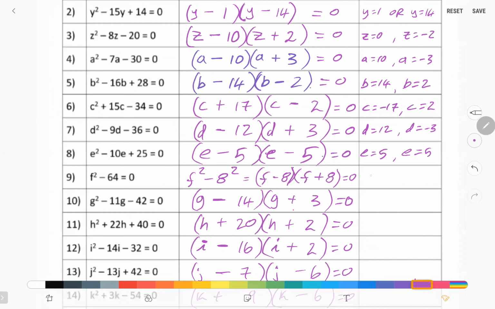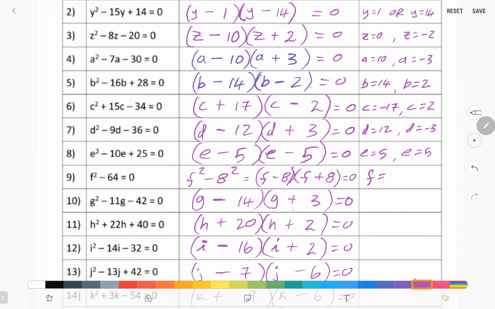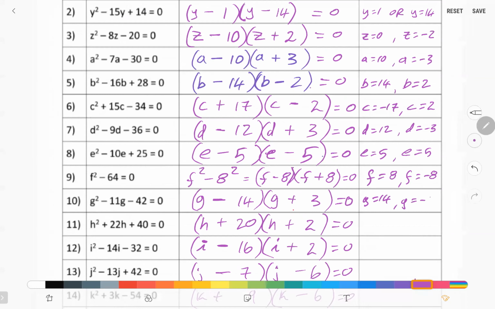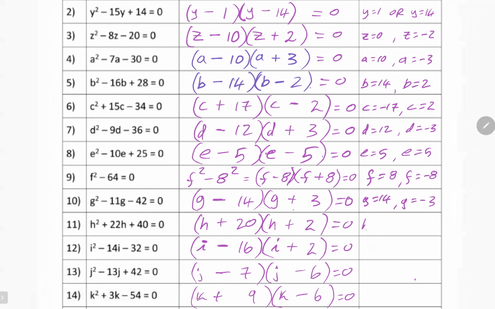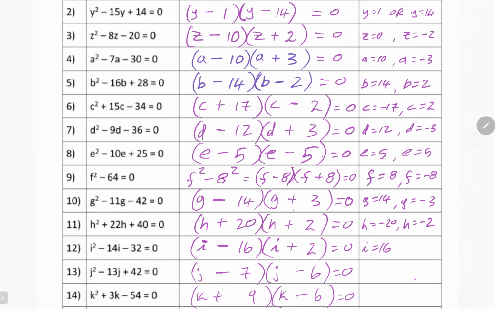This one will be f equals 8 or f equals -8. Next, g equals 14 or g equals -3. Next, h equals -20 or h equals -2. Then i equals 16 or i equals -2.